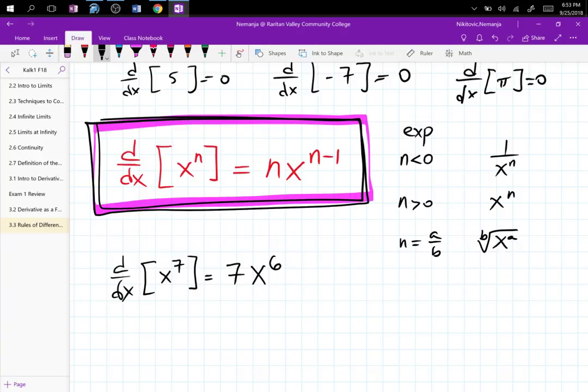Shall we go and think about the x plus h solution? It would be x plus h to the 7th power. Right, go foil that. I'll be back on Thursday to see if you got 7x to the 6.